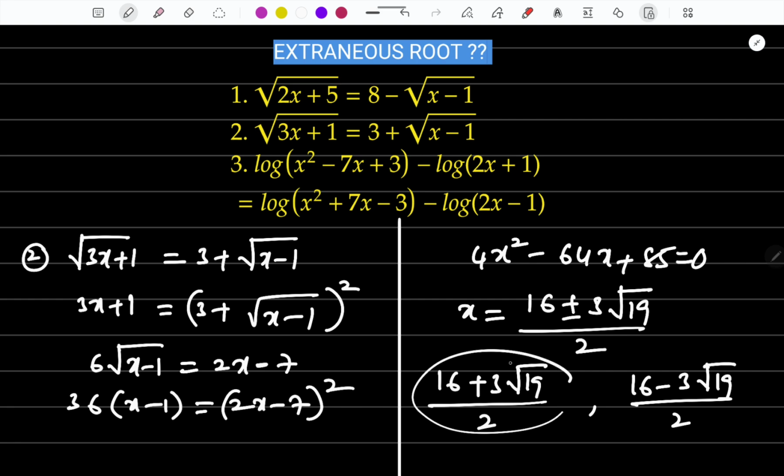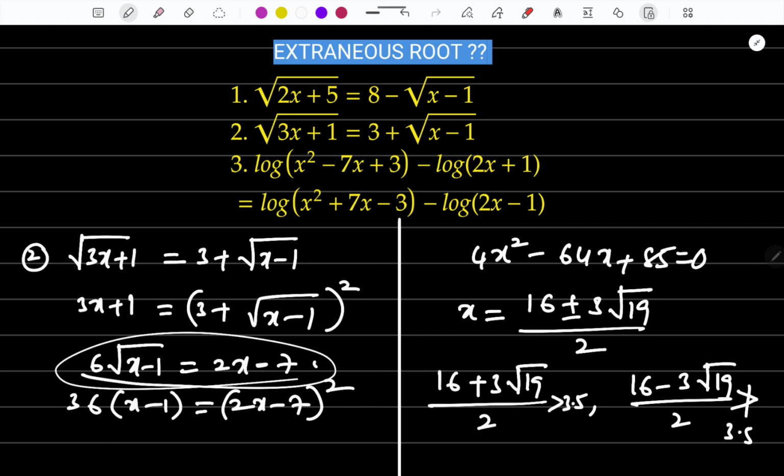You take this one, which is more than 3.5. This is not more than 3.5. So I will tell you why I am taking more than 3.5. Observe this step: LHS is greater than or equal to 0, therefore RHS also must be greater than or equal to 0, therefore 2x minus 7 must be greater than 0.